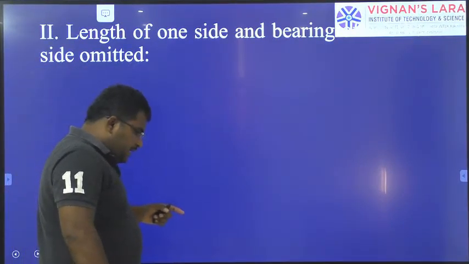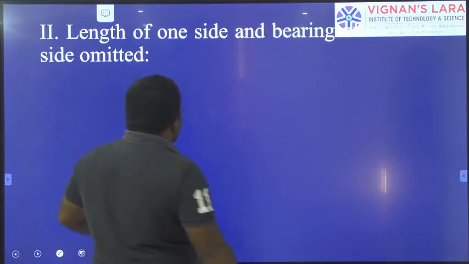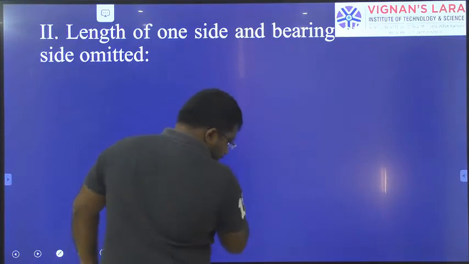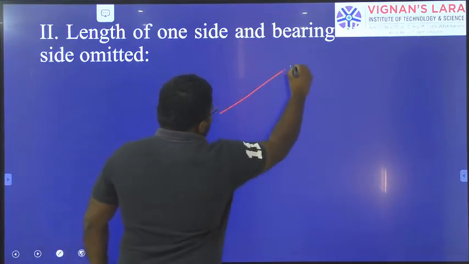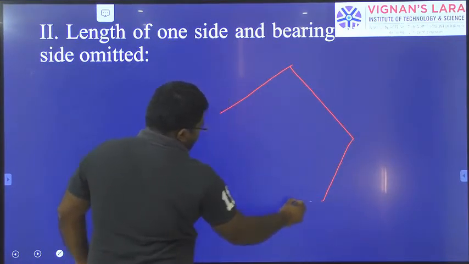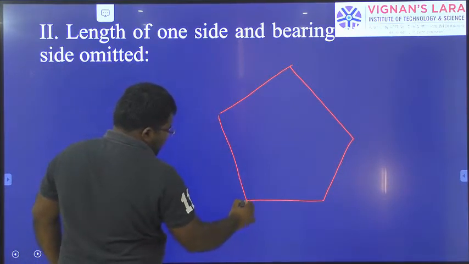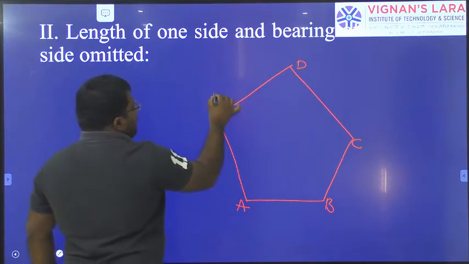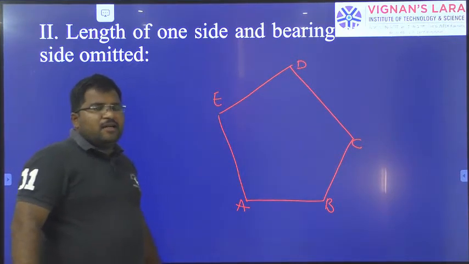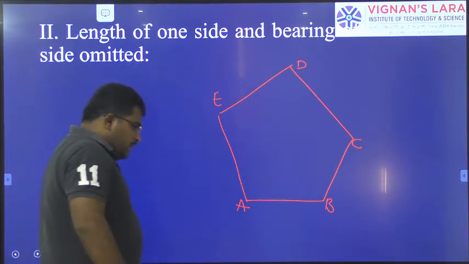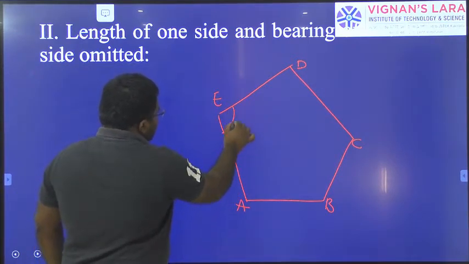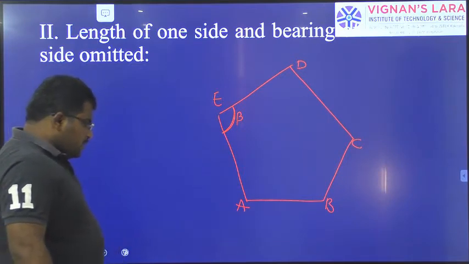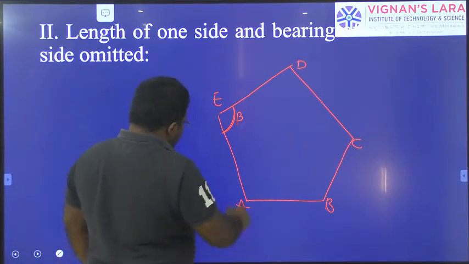So if we are taking a closed traverse, same thing. This is A, this is B, C, D and E. Here I don't know the angle, let us say beta, and I don't know the length of AE.